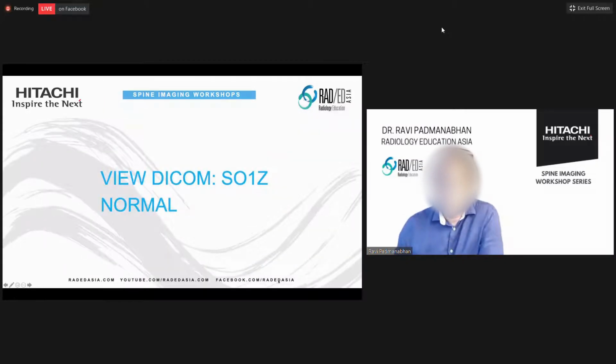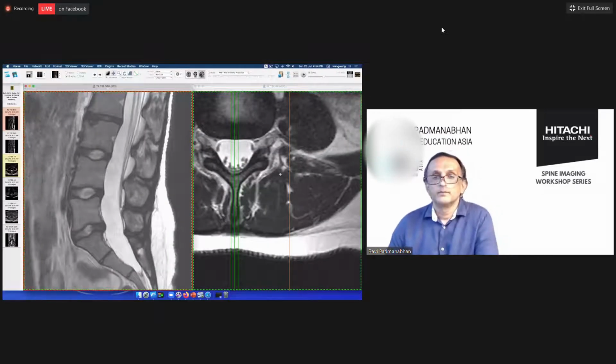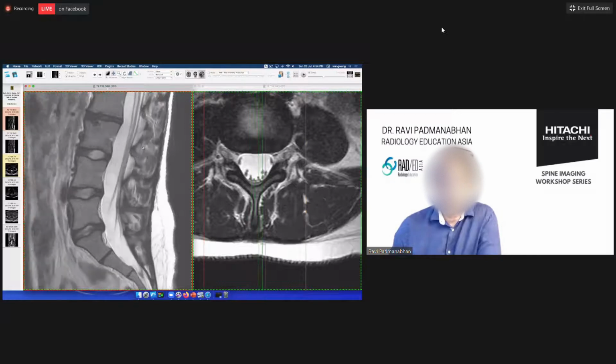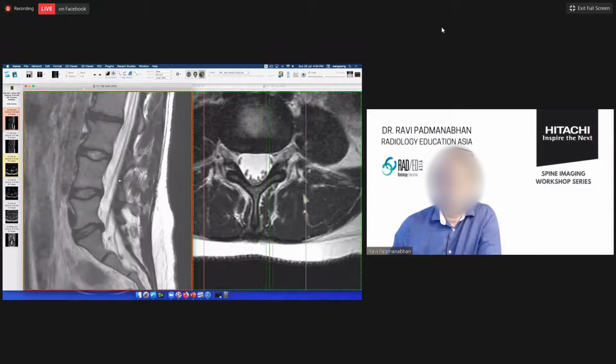Okay, so let's go back to this DICOM, and I'll just show you the method of going through. What I would do normally on the sagittals is look, so here we are in the midline, and the small cysts often you will see here.